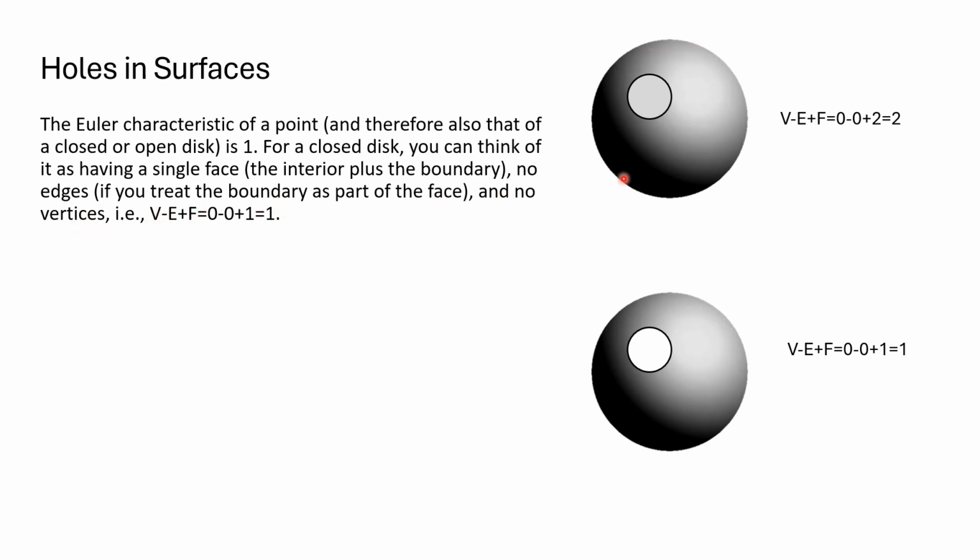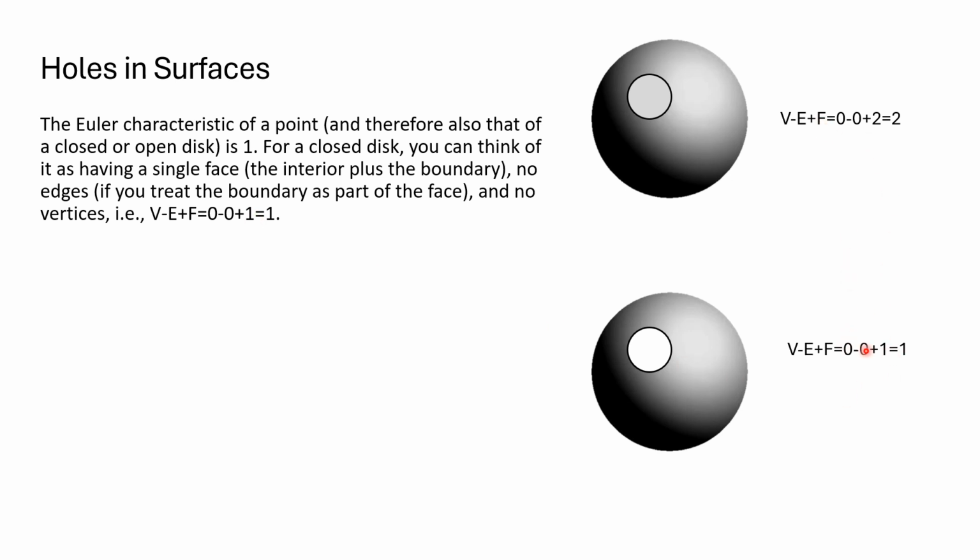So on the top, I have a sphere and a disk not yet removed. So we just have the sphere, and it has Euler characteristic 2, as we've shown. If we go ahead and remove the disk shown here on the bottom, we just have to subtract the one face.